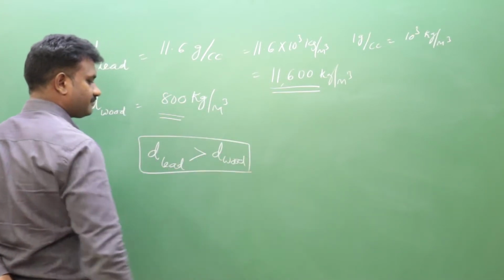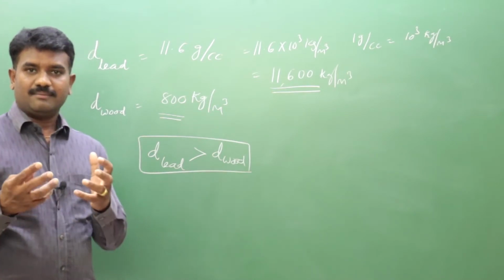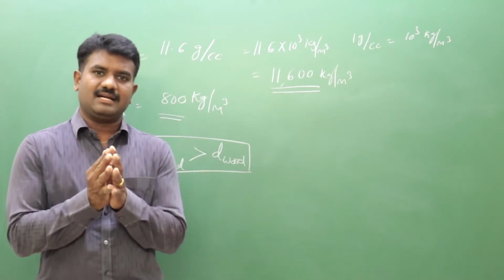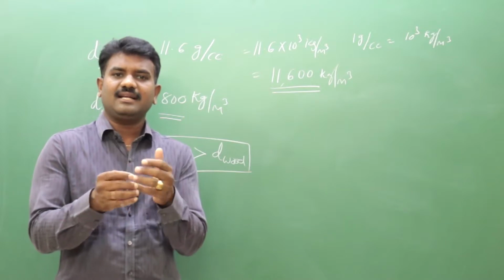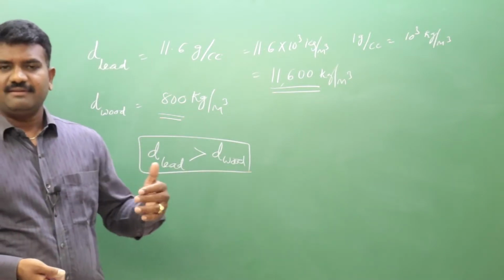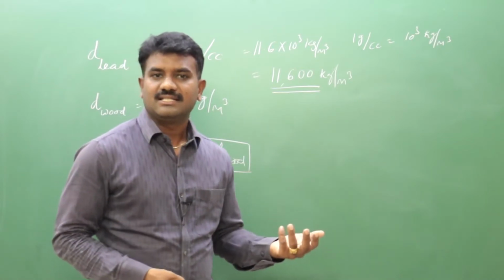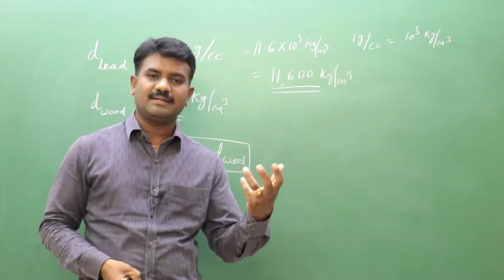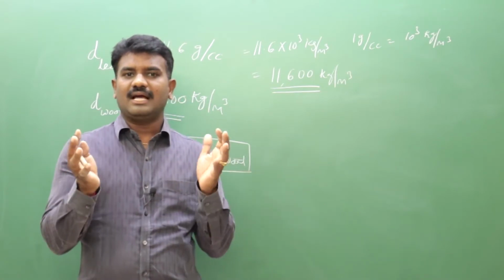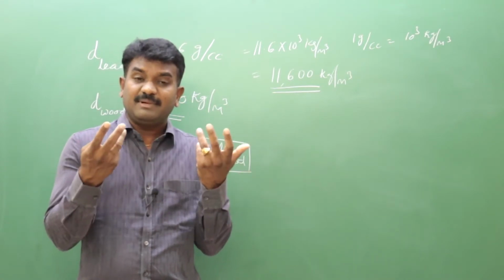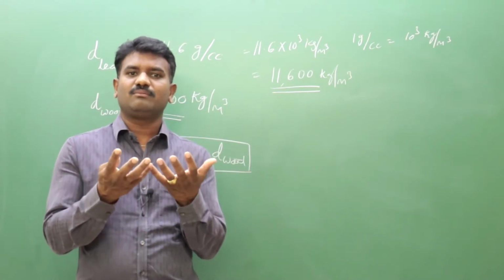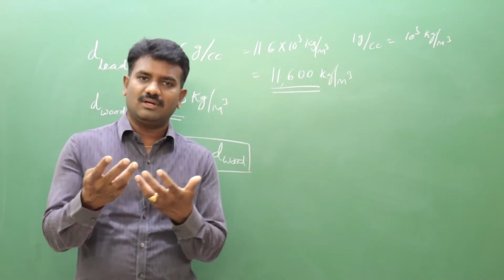What does it mean? It means the matter is closely packed in lead than wood. In the previous lecture, we discussed that the density of iron is greater than the density of cotton. At that time I told you, wool has air, empty space inside it. You can even blow air through wool or cotton.